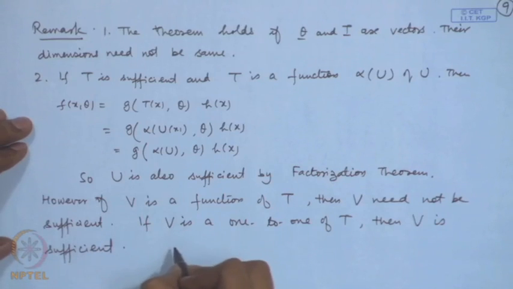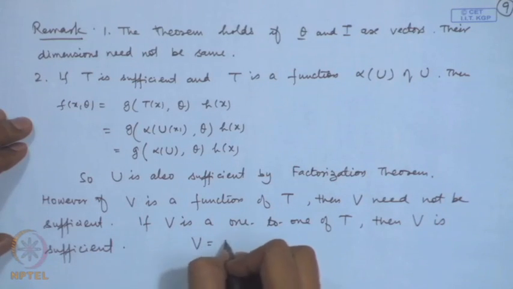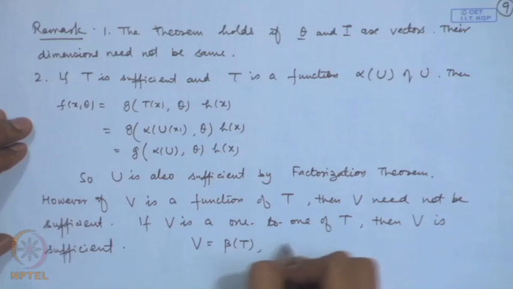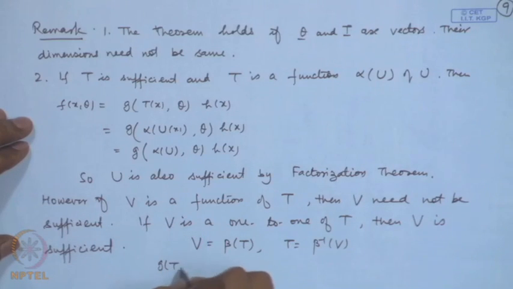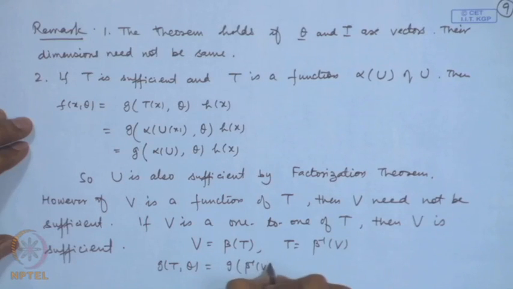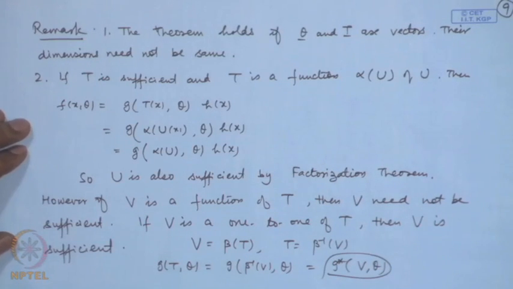Now, this proof is again simple. If we say V is a one-to-one function, say V equals beta of T, then we can say T is equal to beta inverse of V. In that case, g(t, theta) you can write as g(beta inverse of V, theta). That means, it is a function of V and theta. So, V is also sufficient.